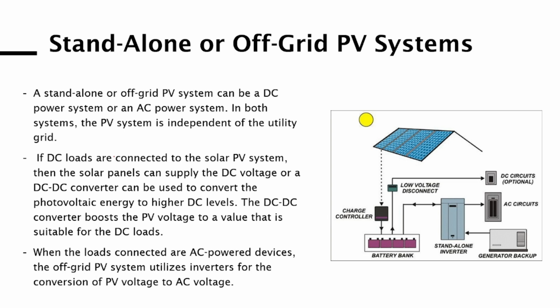The DC to DC converter boosts the PV voltage to a value that is suitable for DC loads. Similarly, if AC power devices are used, the PV system utilizes an inverter to convert the DC power to AC. As you can see, there are no power grids used here. It's directly given to the loads. And there might be batteries used, yes, to store and later utilize the power or energy.